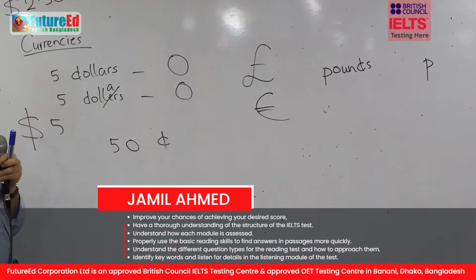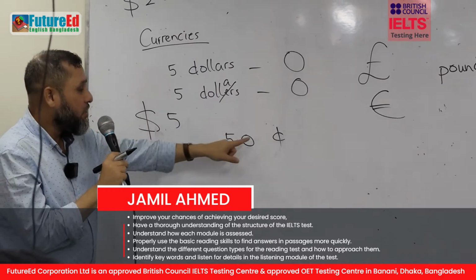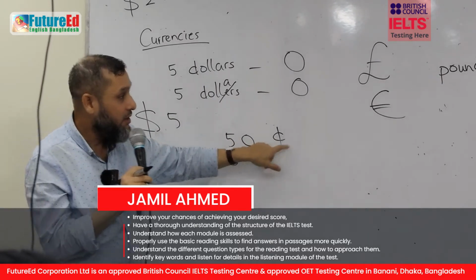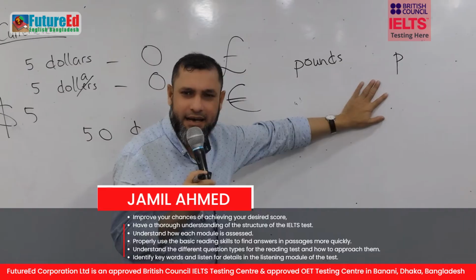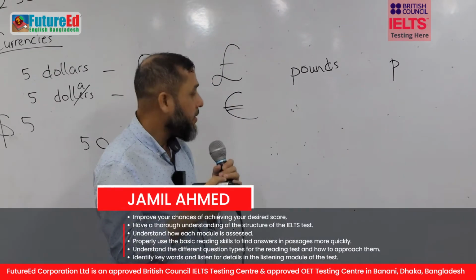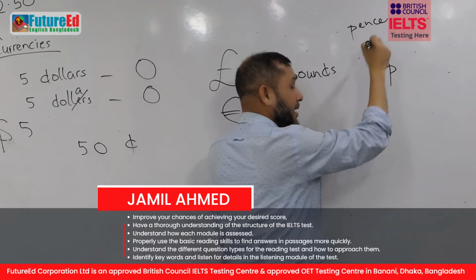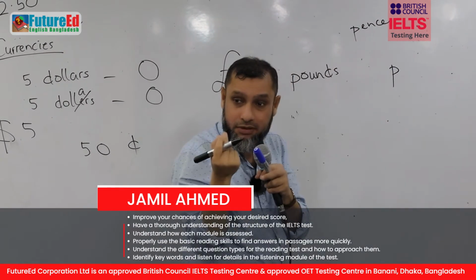So if you only hear a fraction of a number, use this symbol. This symbol after the number, not before the number. Below symbol is the P for pence. P-E-N-C-E, pence. Fraction of a pound.